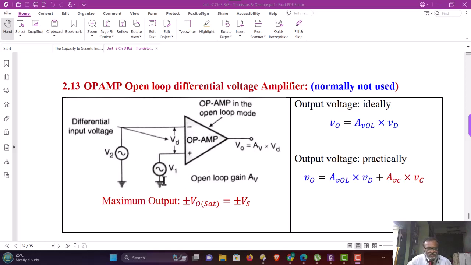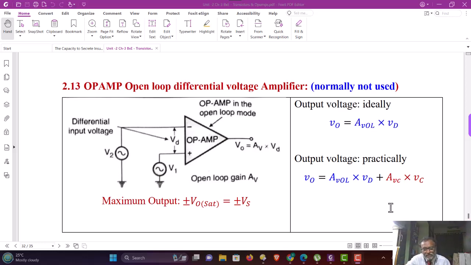The difference between the two input voltages, V1 minus V2, is nothing but the differential input voltage, and the output is taken at the output terminal. This differential voltage Vd is amplified by the open loop gain or voltage gain of the amplifier, and therefore the output voltage is AV into Vd, as mentioned in this equation: VO is equal to AVOL into Vd.